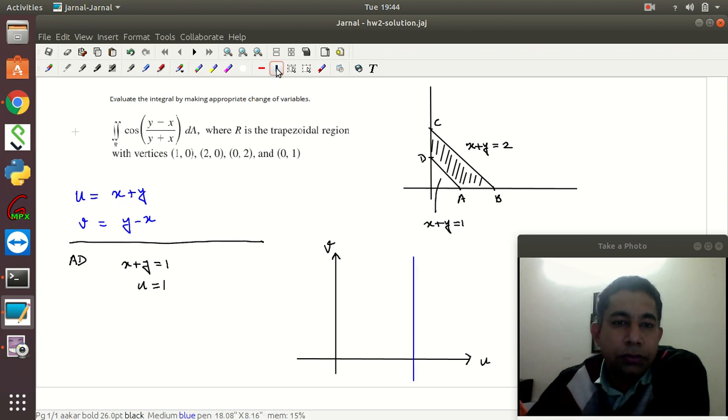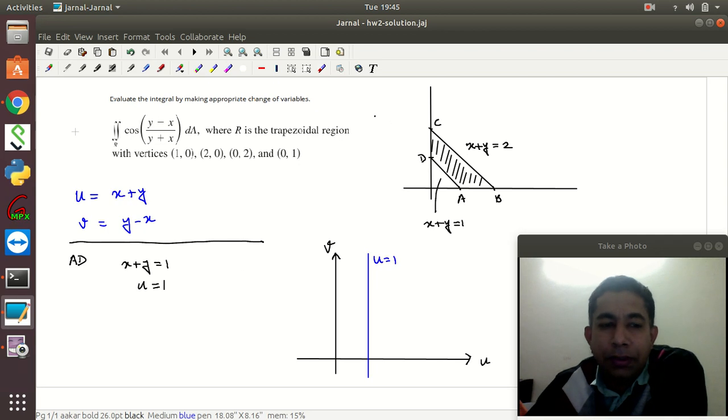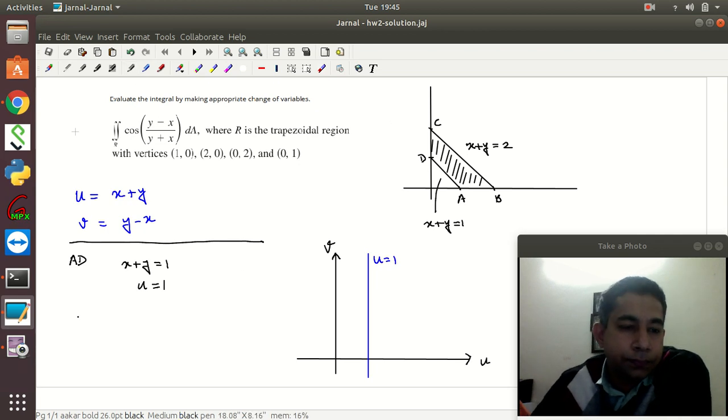Let's say this line is u is equal to 1. Let's actually move this line a little bit left. Okay, so this line is u is equal to 1. And similarly, line BC was x plus y is equal to 2.